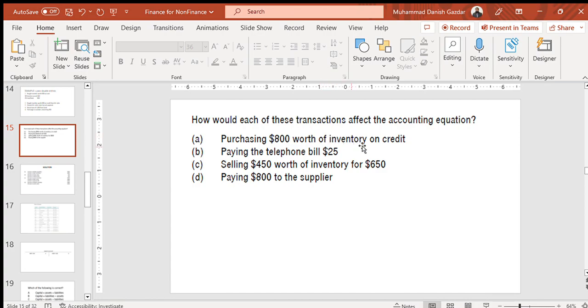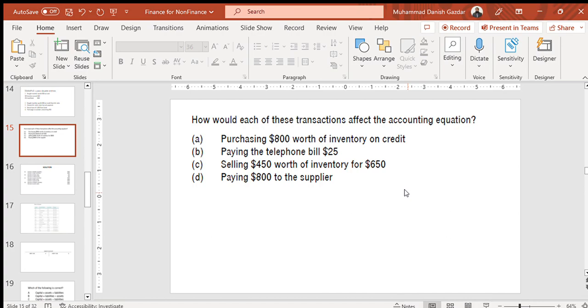So the inventory would be debit, and there is something on the credit side too, but here there's no cash outflow. What is happening is that the liability is increasing because you have purchased these goods on credit. An increase in liability would be considered a credit. So the first entry would be inventory debit and accounts payable credit.